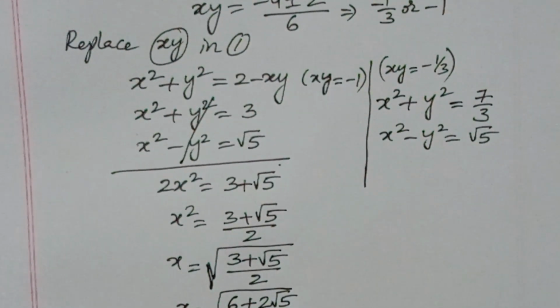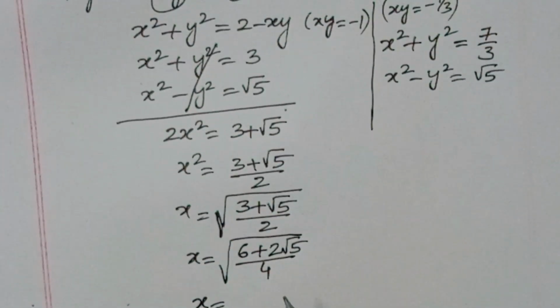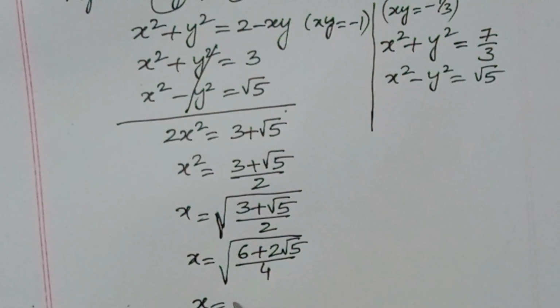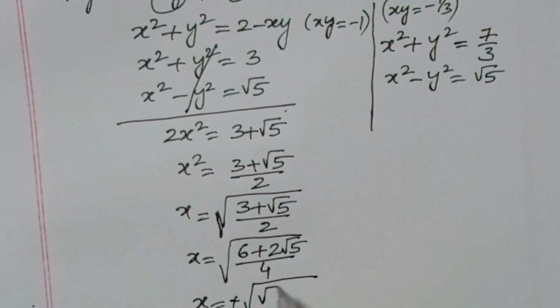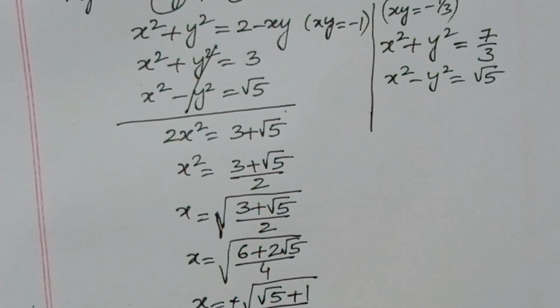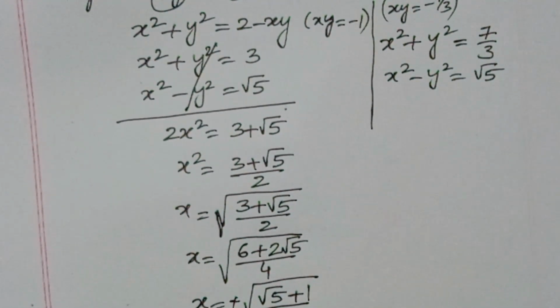So this can be written as x is equal to plus or minus square root of (root 5 plus 1) by 2.